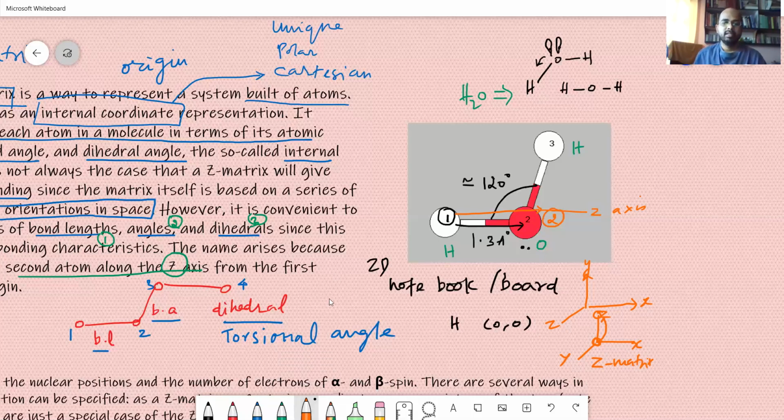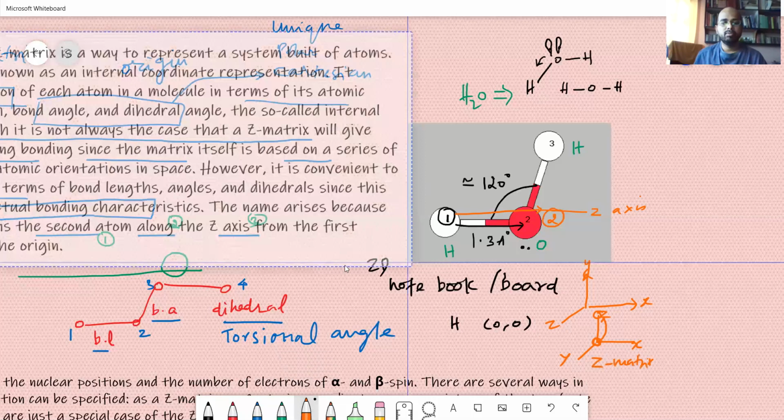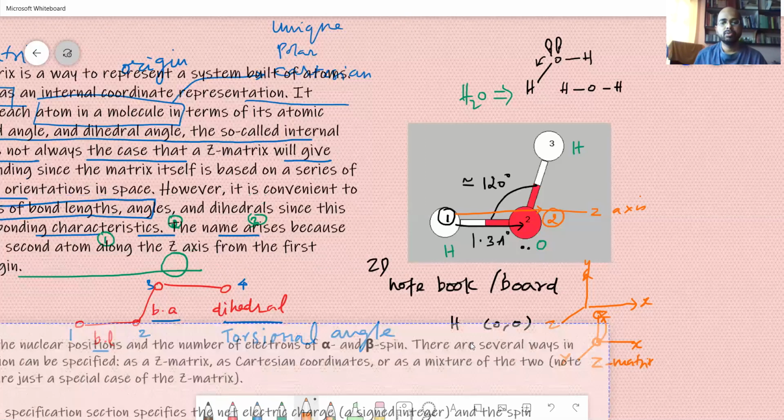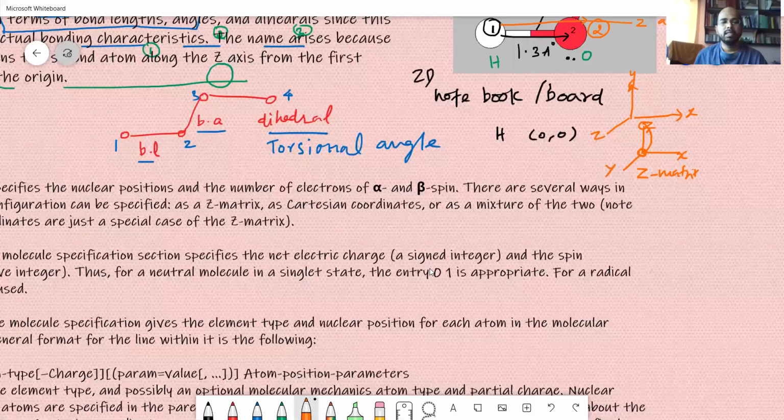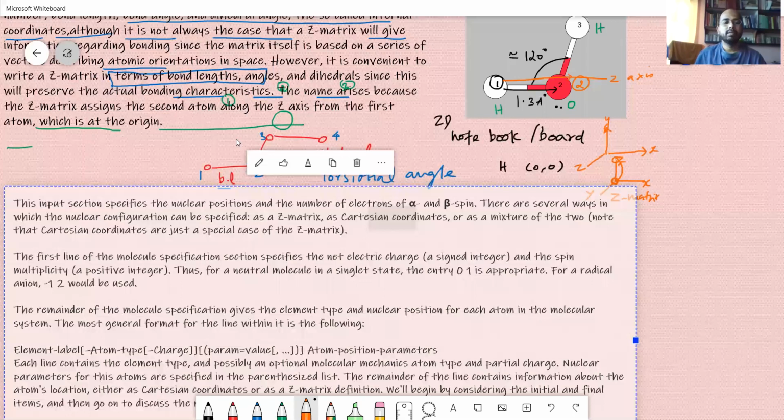Okay. Now, moving on to this one, the input system.